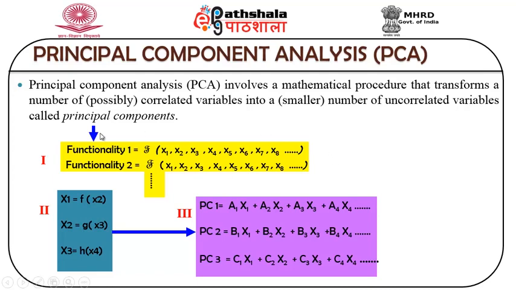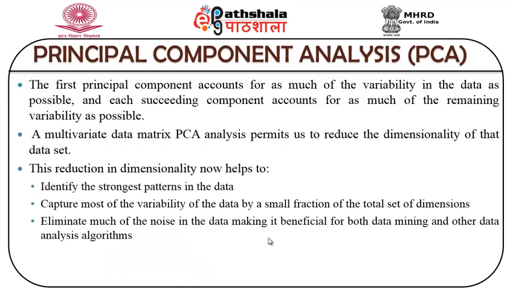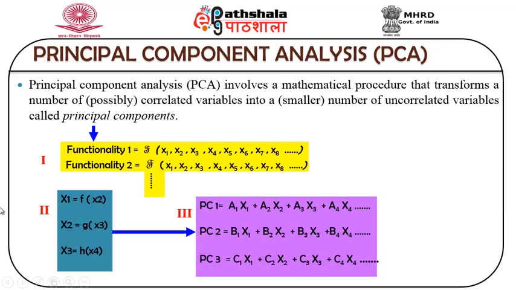Now, the entire data set can be transformed in another way by applying this PCA, so that the entire dimension of the data is reduced. In principal component analysis, the first principal component accounts for as much of the variability in the data as possible, and each succeeding component accounts for as much of the remaining variability as possible.